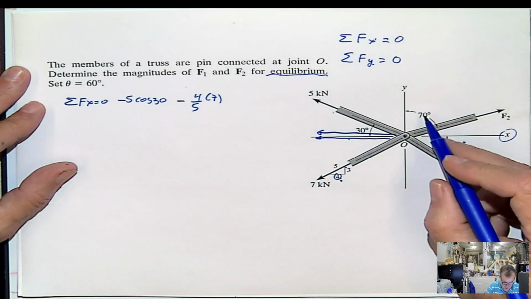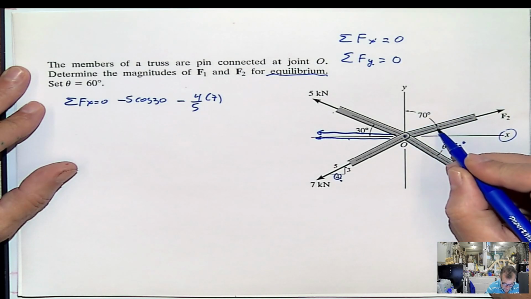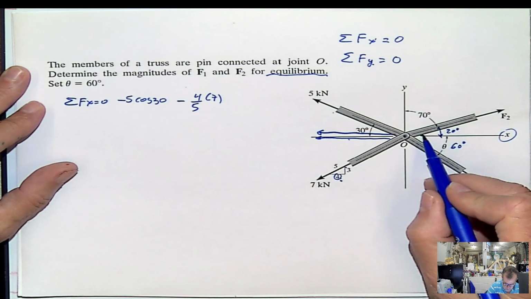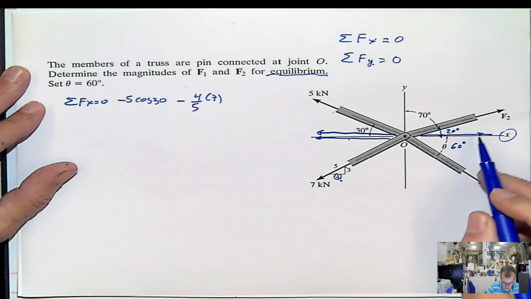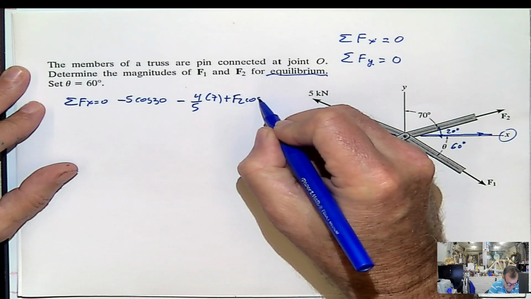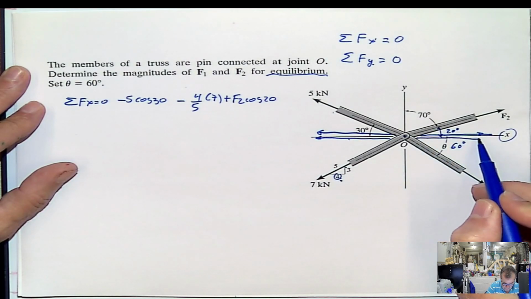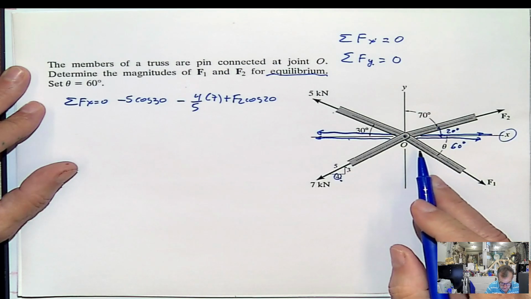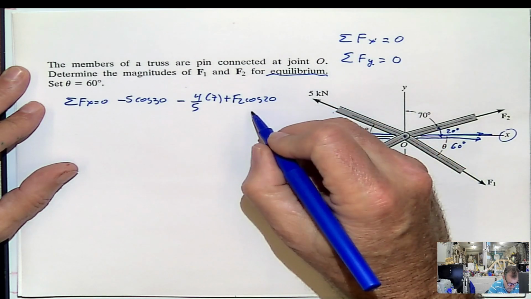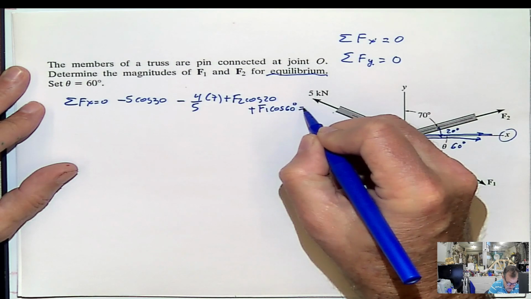Now in the other direction, if this is 70, this is 20, because they are complementary angles. So the x component coming from F2 will be F2 cosine 20 positive, and for F1 the x component is F1 cosine 60, because it's adjacent once again, plus F1 cosine 60 degrees, and that has to be 0.